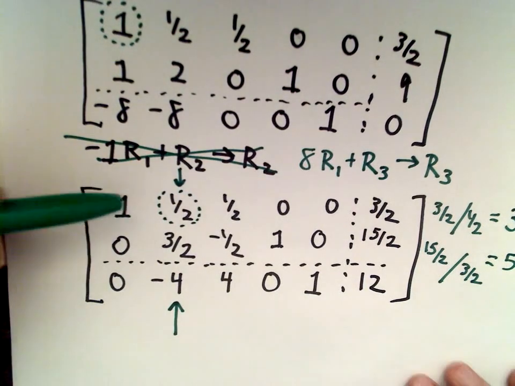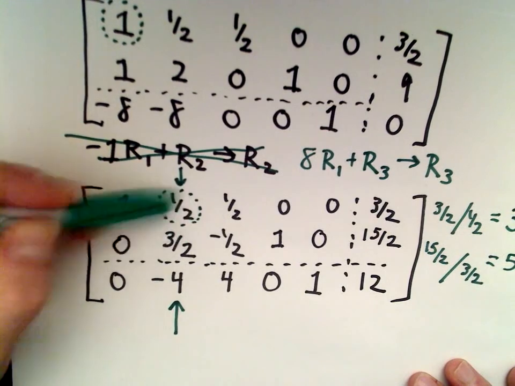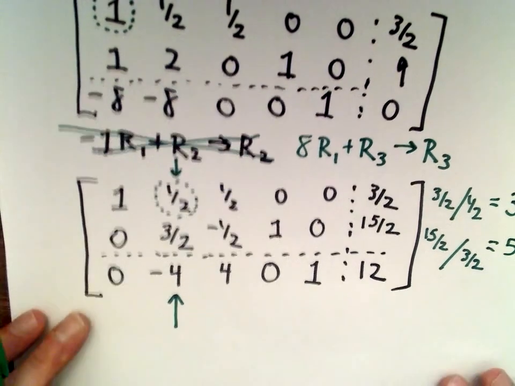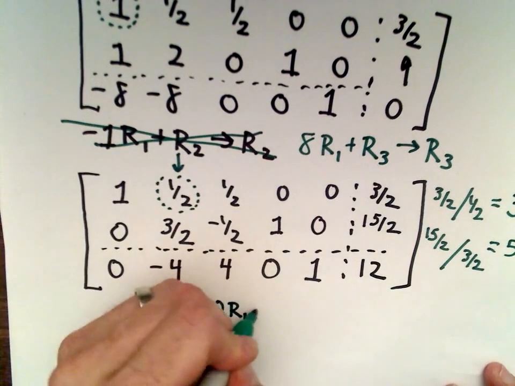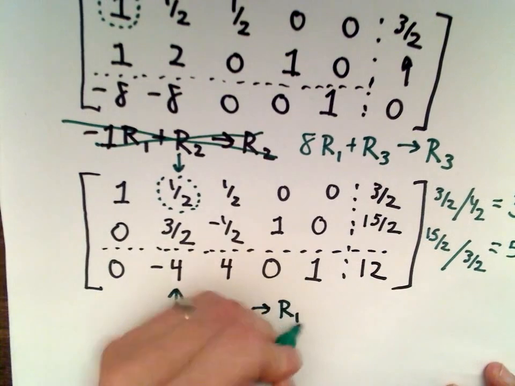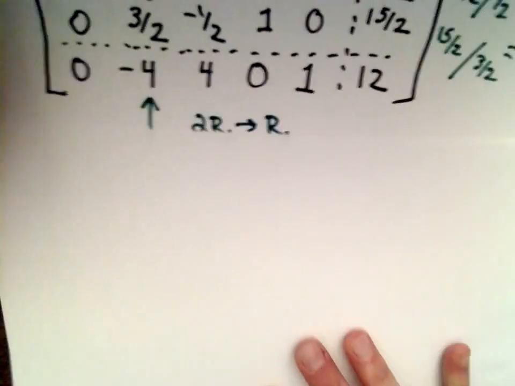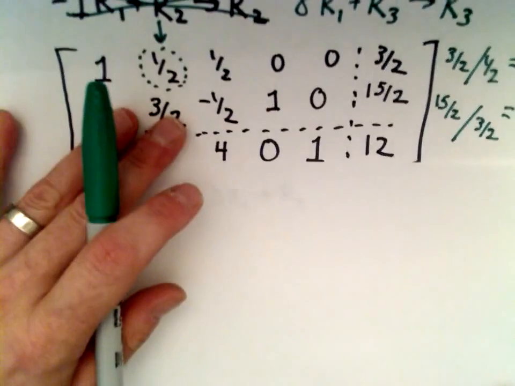So now I'm going to do the same thing. I'm going to get this 1/2 and make it into a 1, and then I'm going to get zeros everywhere else in that column. To do that, I could just multiply the first row by 2. So 2 times row 1, that's going to be my new row 1. So let's do that. Again, there's just a lot of arithmetic in these problems.